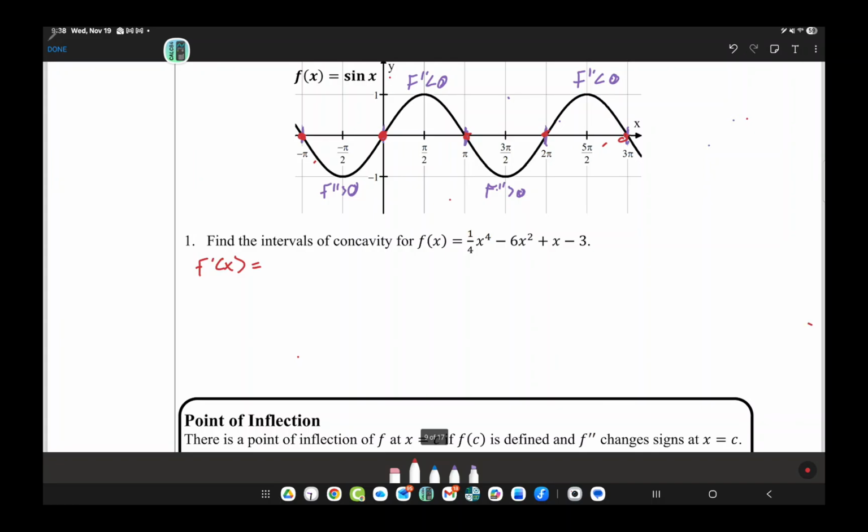That should give you x cubed minus 12x plus 1. Then the second derivative.